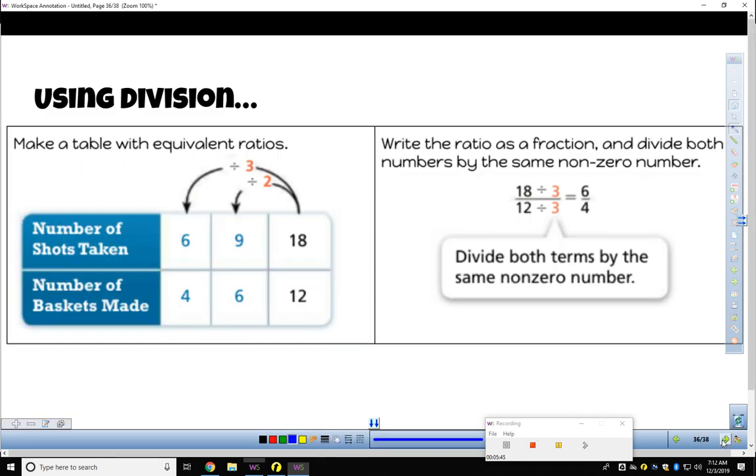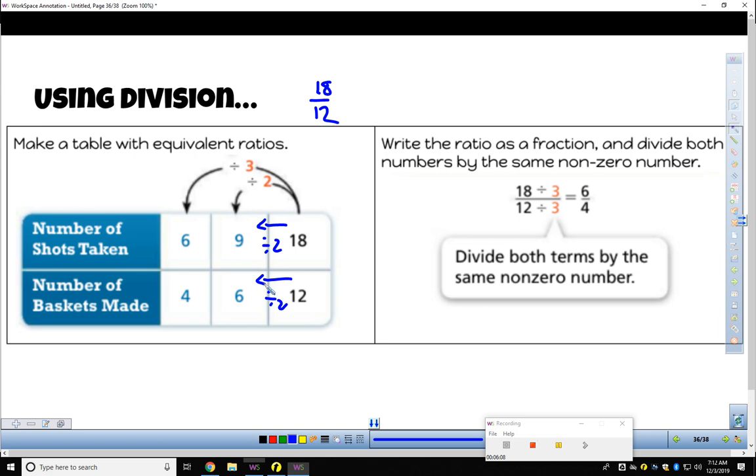Flip side, using division. It works the exact same way, except you're working backwards here. They've given you a ratio here of 18 shots taken to 12 shots made, or 18 over 12. And now you're dividing both terms. Again, we're working to the left here, divided by 2 or divided by 3.